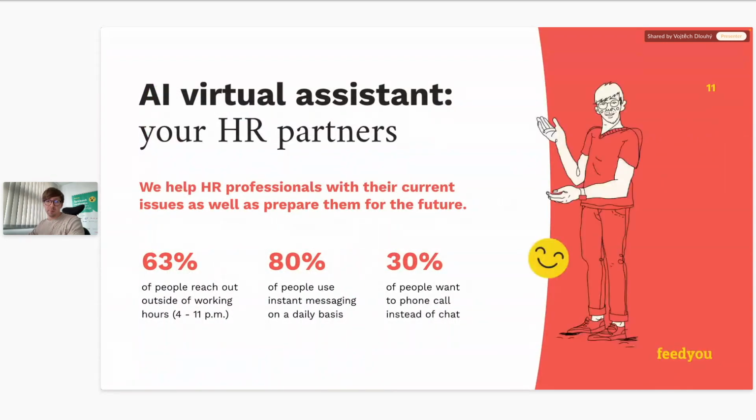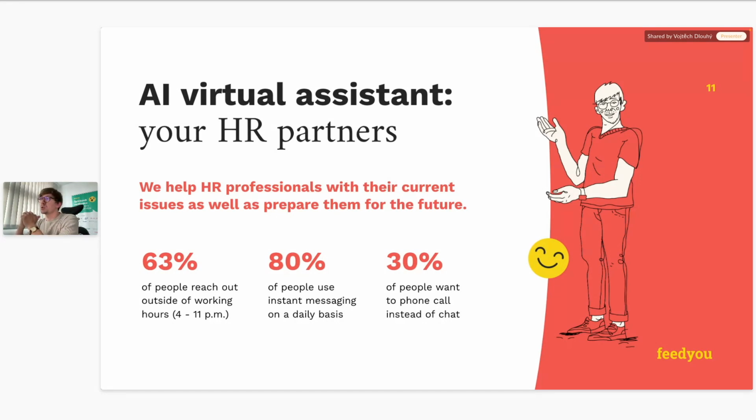Before jumping to this, the major benefits of using AI virtual assistants are basically in three areas. The first one is that we want to be available for everyone 24/7, 365. Then we want to be available, as I already mentioned, across different touch points, different channels.